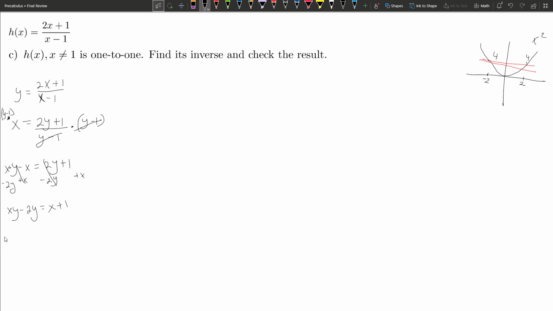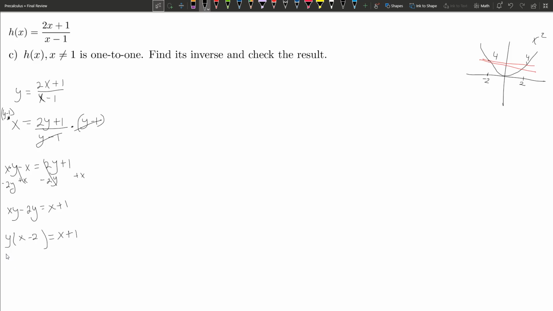In other words, factor out a y. So I'm thinking about this as, what could I have in here such that if I were to distribute this y, I would get that thing? Well, it would just be an x and a minus 2, because if I did y times x, I'll get xy. y times minus 2, you'll get minus 2y, right? So just factoring it out.